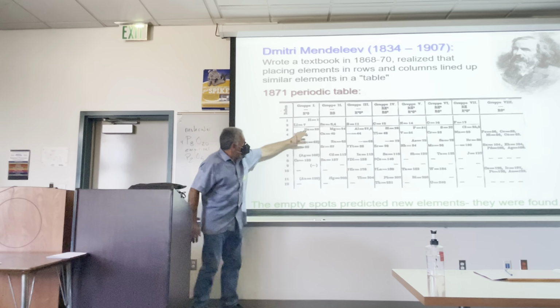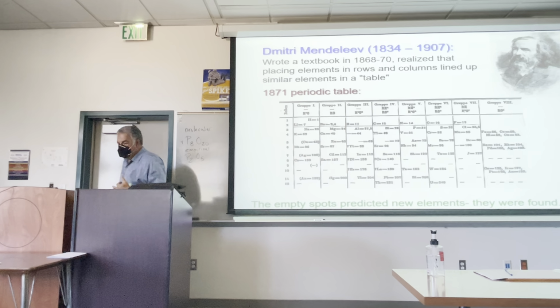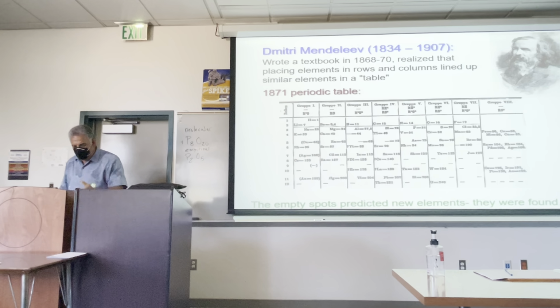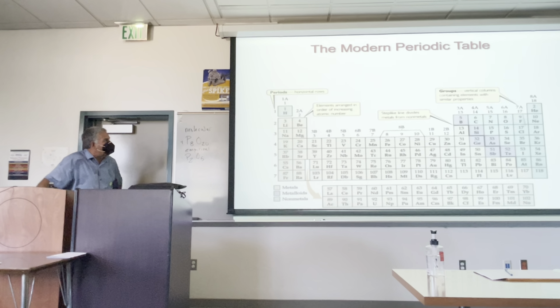But sodium, these are all +1s. They became the alkaline earth metals, and we fixed that a little bit better, but he had it nailed in the beginning. So the modern periodic table is this one. This is the one I usually throw in the back of the test, but you can still use the one that's handed out, and that will just be an extra one on the back.